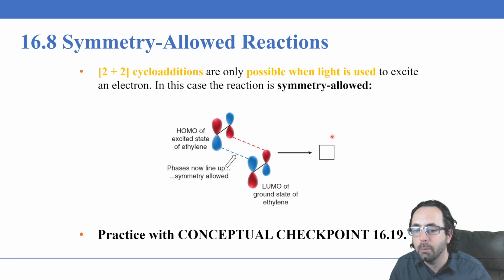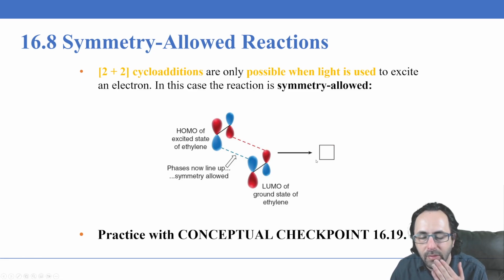And since they line up, the 2+2 cycloaddition can occur. Under normal conditions with no UV light, this won't occur. But if we can expose these ethylenes to UV light, they can make a cyclobutane.